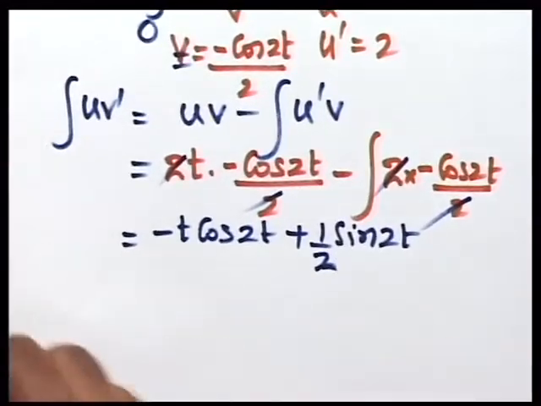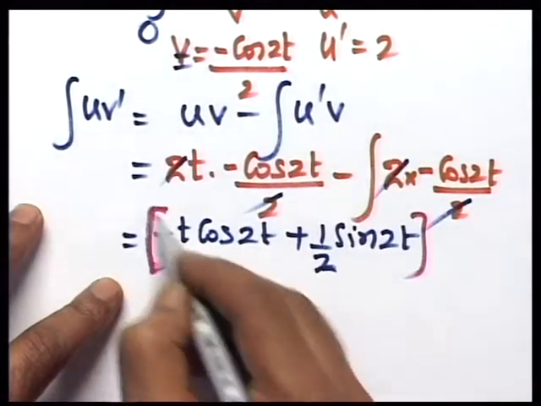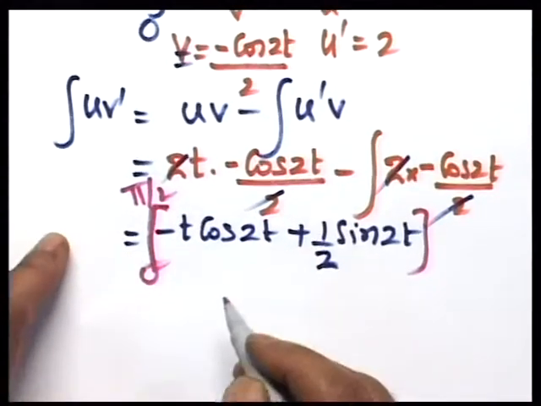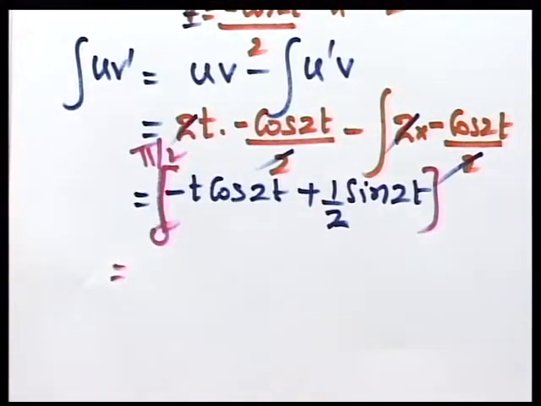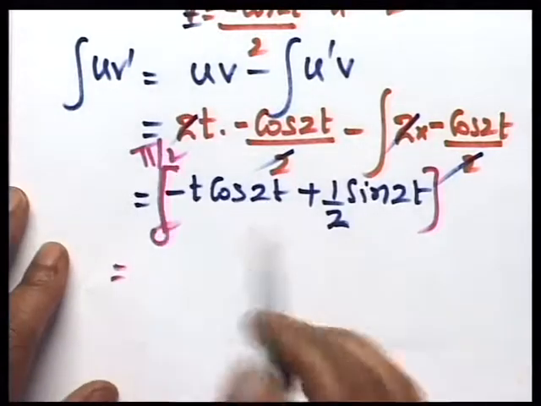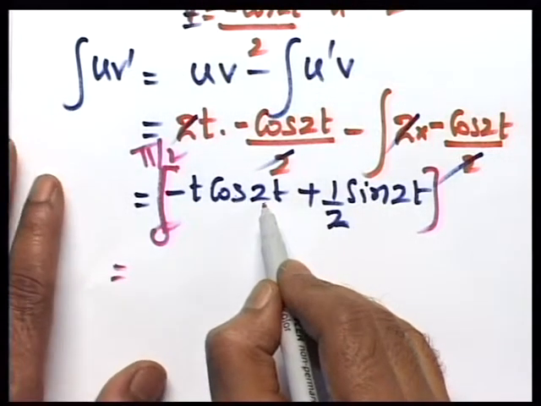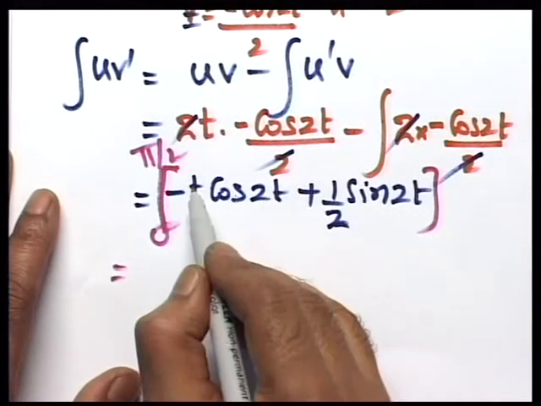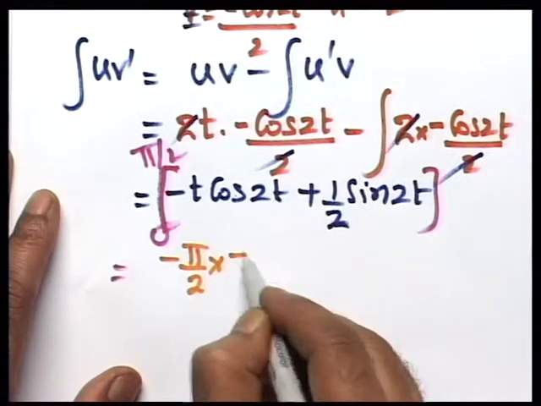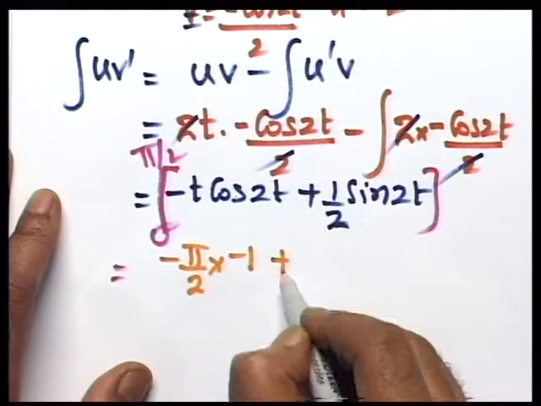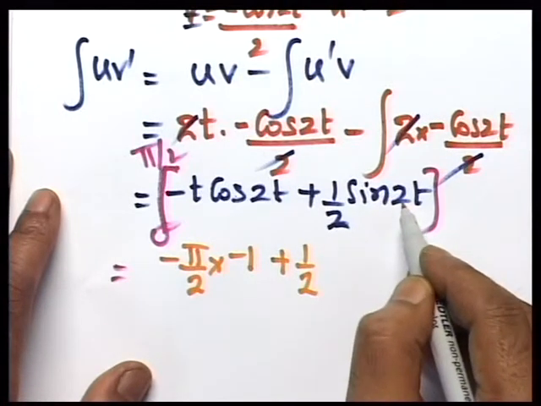Once we get that, we can find the area now. The limits are pi over 2 and 0. I'm substituting pi over 2. Pi over 2 is 90 degrees, so this is actually cos 180. Cos 180 is minus 1, and that's pi over 2. So minus pi over 2 times minus 1, plus a half sine 180, which is 0.